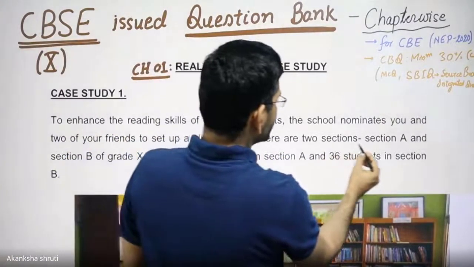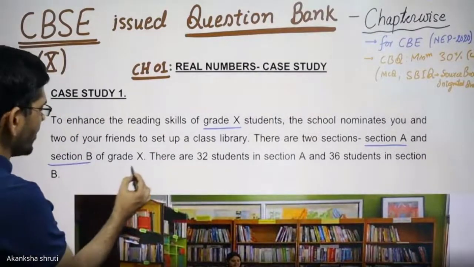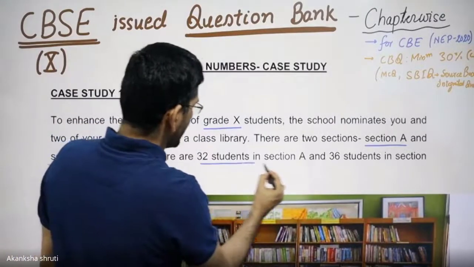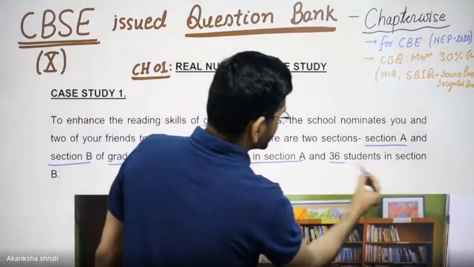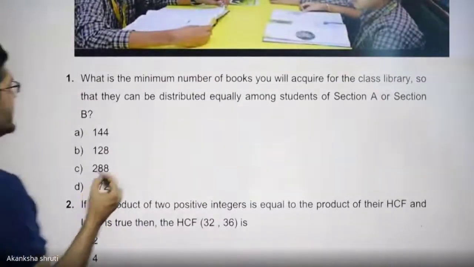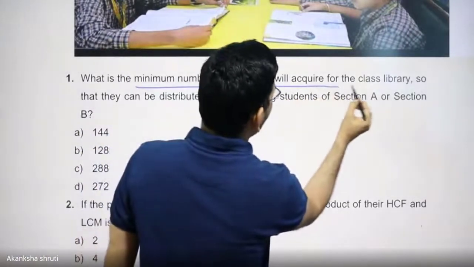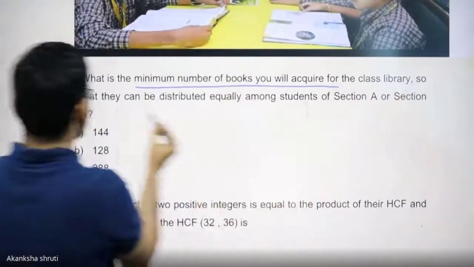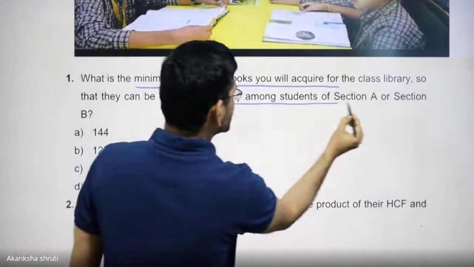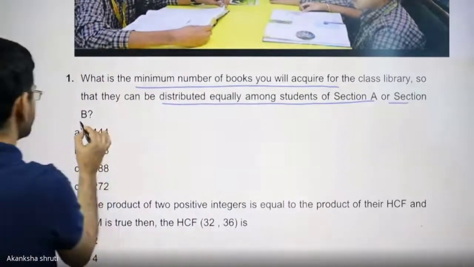There are 2 sections, section A and section B, of grade X. There are 32 students in section A and 36 students in section B. Then the first question: what is the minimum number of books you must acquire for the class library so that they can be distributed equally among the students of section A or section B?